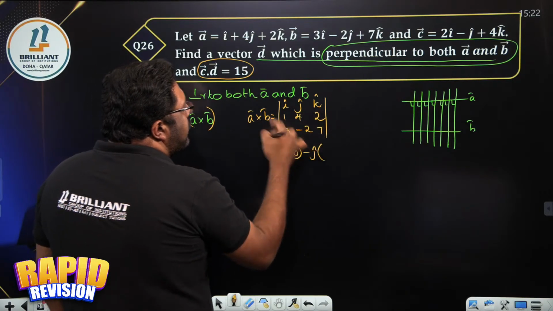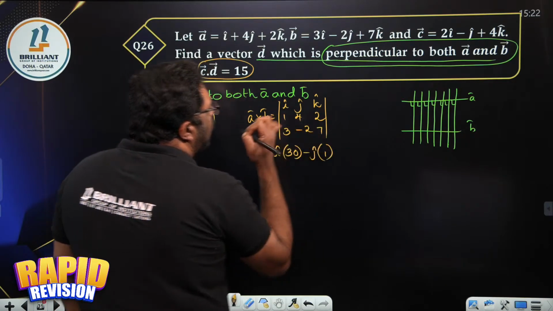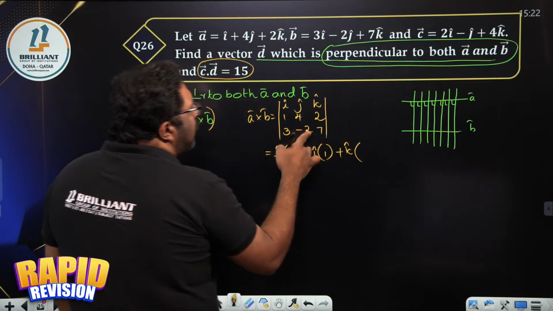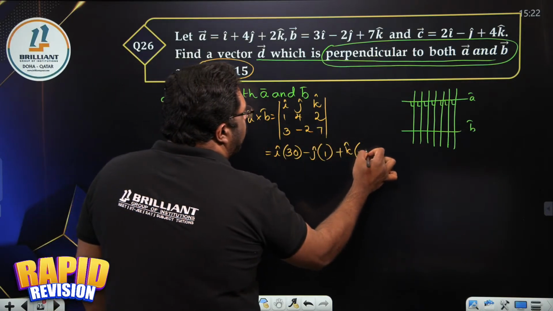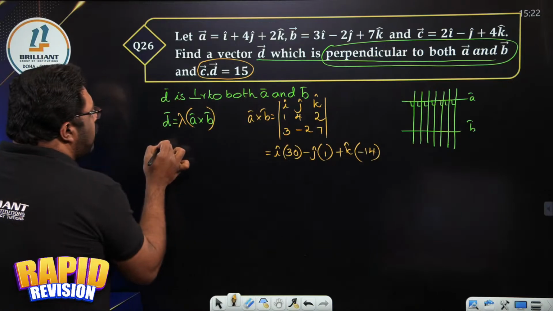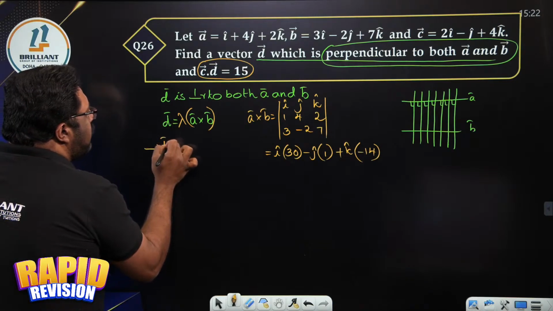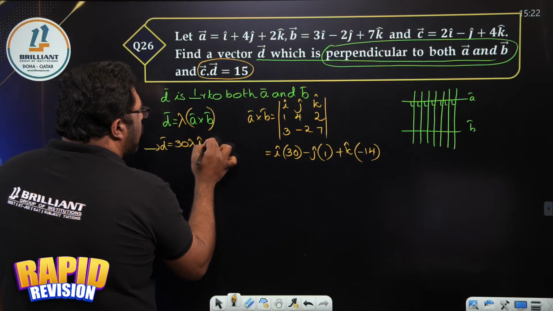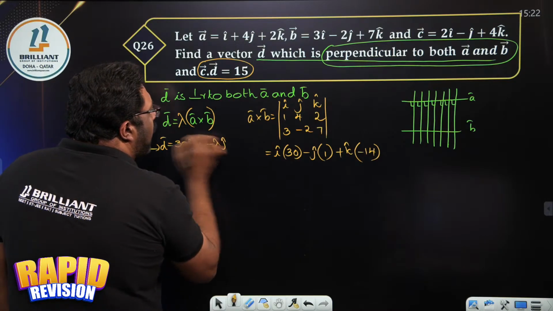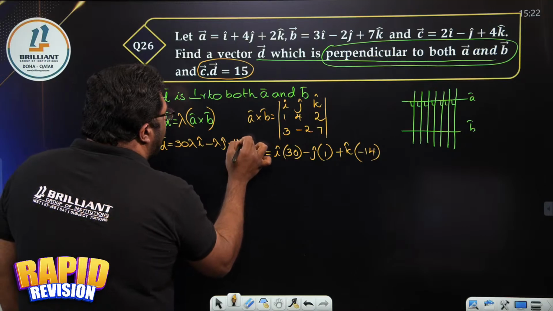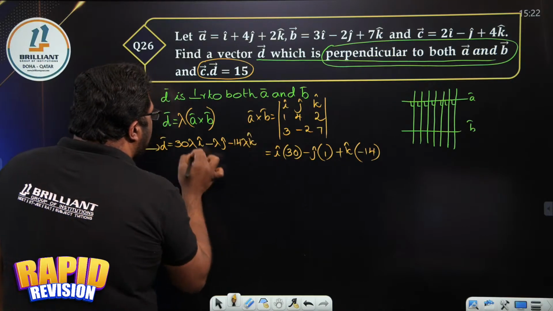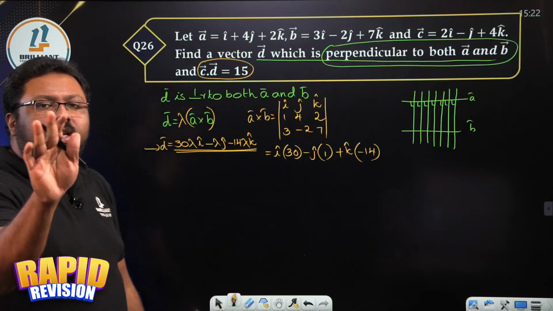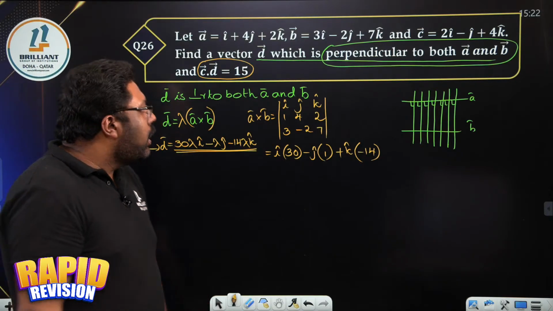Minus j into 7 minus 6, 1. Plus k into minus 2 minus 12, minus 14. So that implies vector D is equal to 30 lambda I minus lambda j minus 14 lambda k. This is my D vector. I don't know what lambda is, but just leave it in terms of lambda itself.